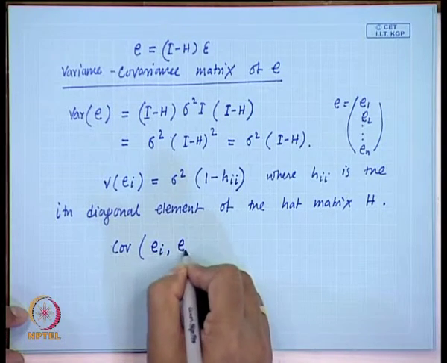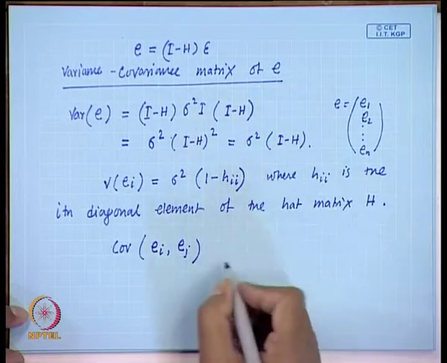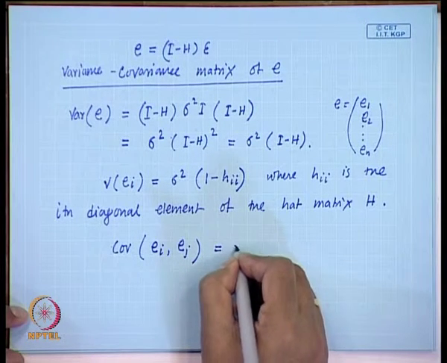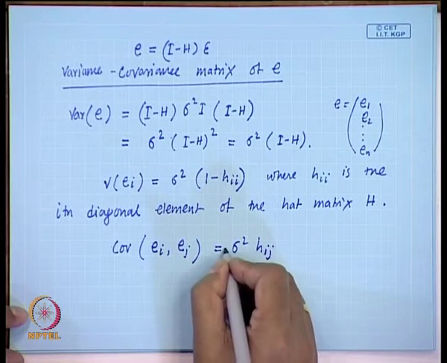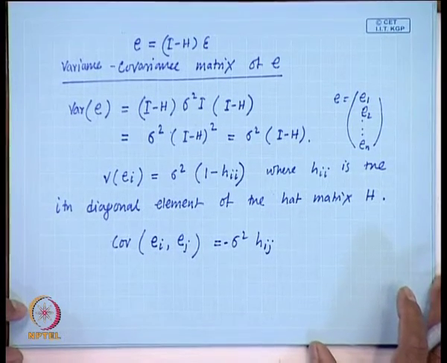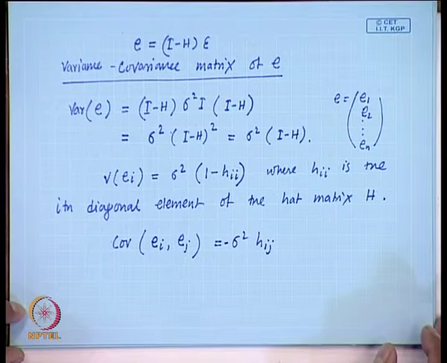That is equal to sigma square h_ij, of course with a minus sign here. Okay.